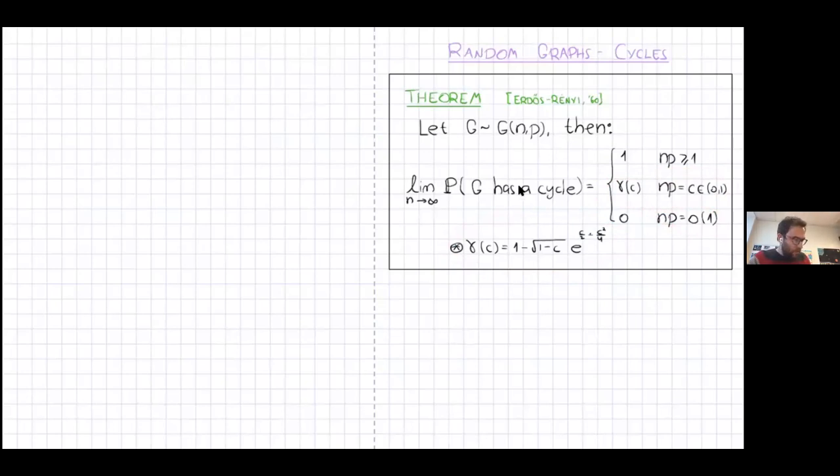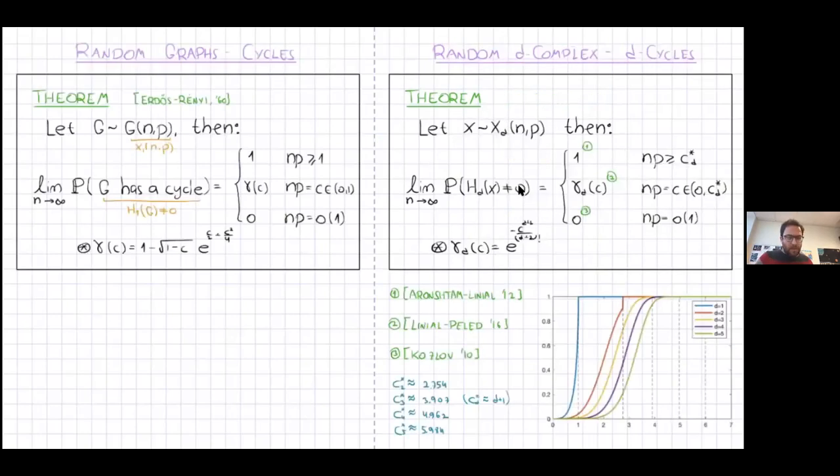And we can do the same thing we did with the connectivity result and translate it now. Saying that a graph has a cycle: before we studied H0, connectivity; now we're studying H1, the number of cycles in the graph, or the holes. And the theorem that we're going to show next is, again, a nice generalization of that, even though the phenomenon now is not exactly the same as before.